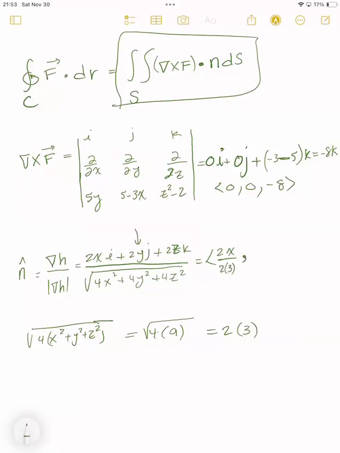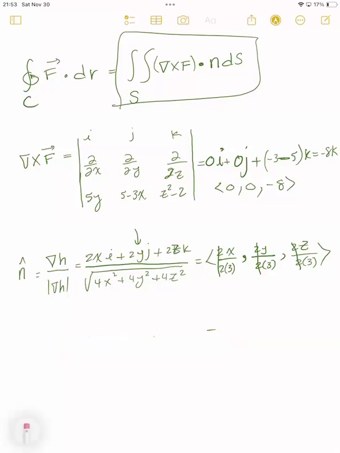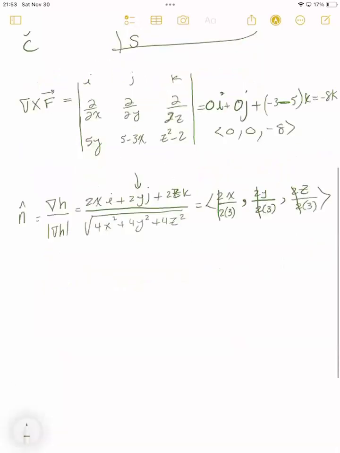For this one, I have 2y over the denominator, which is 2 times 3. 2z, 2 times 3. The 2's are gone. So that's what I have. Since they all have the same denominator, 1/3, I can also write n as, keep the 1/3 magnitude outside, and write it as x, y, and z.